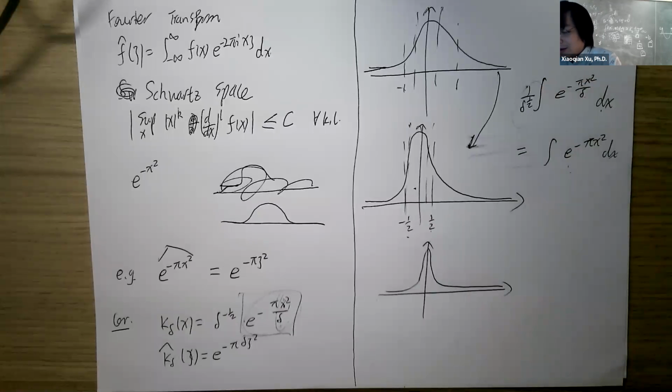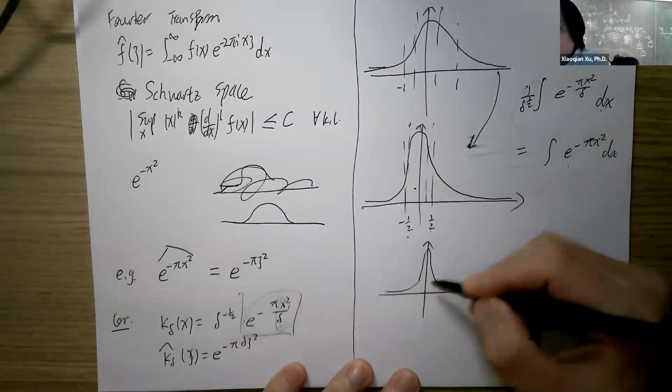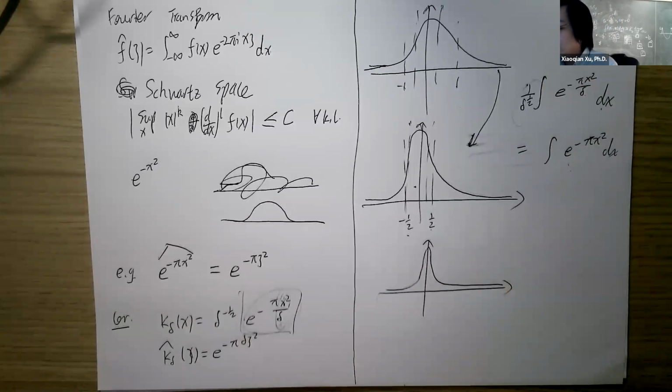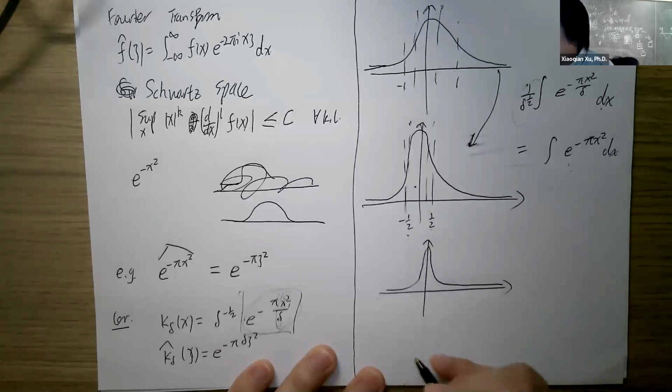So which means this kind of dilation of this Gaussian is not only squeezing it, you have to keep the area under it the same, you will have to make this point a little bit higher, okay?